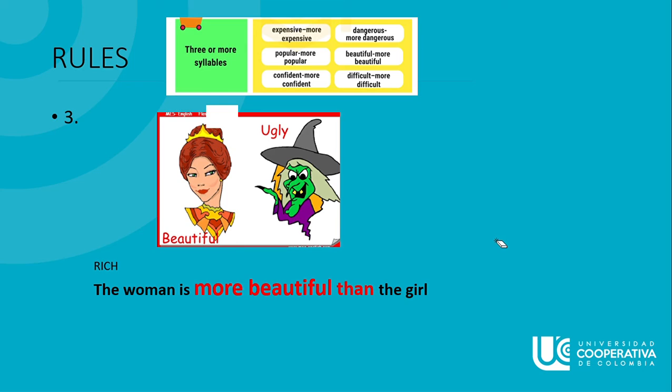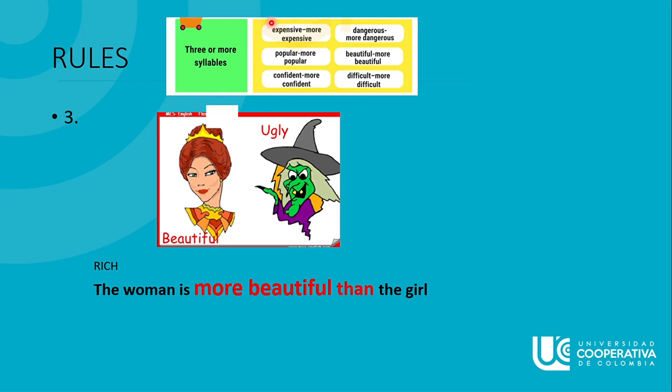Let's continue. Here we have rule number 3. This is for adjectives that have 3 or more syllables, as we can see in the examples. Here we have adjectives expensive, popular, confident, dangerous, beautiful, and difficult.